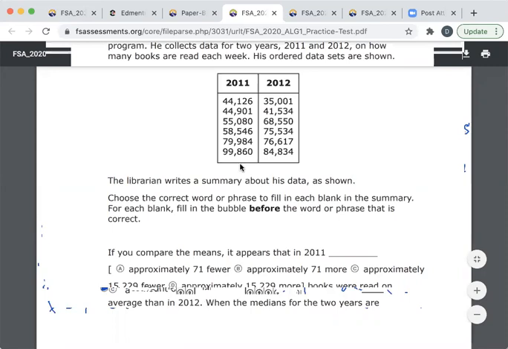Remember you can use a calculator for this section. So if you add up all of the numbers in 2011, I am just adding up the first 2 digits because I'm being lazy.